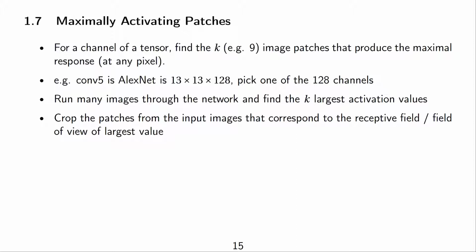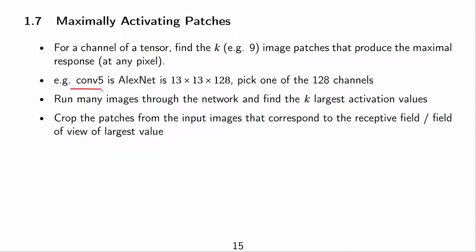There are variations where you could take the maximal response anywhere in this channel, or the maximal response at one particular pixel within this channel, within this layer. But let's just assume we'll pick the maximum response anywhere in the channel.